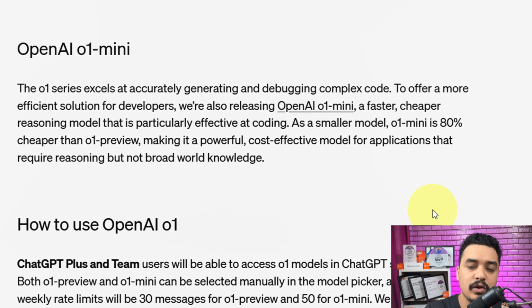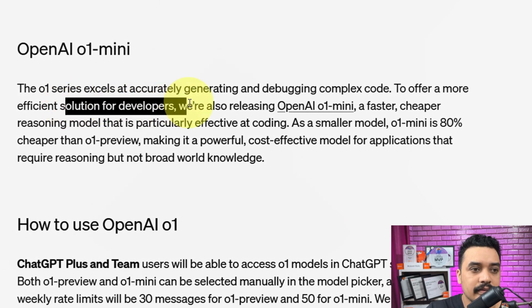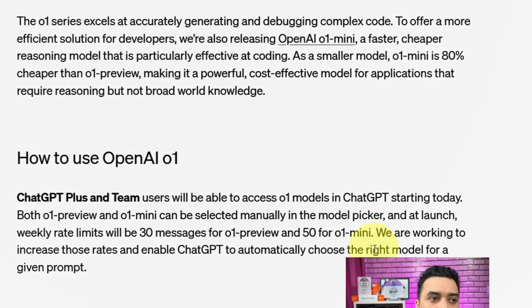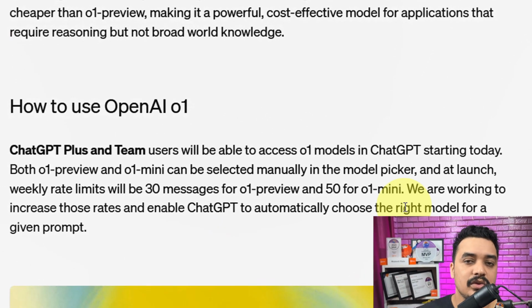This is a much smaller model compared to OpenAI O1, and it is 80% cheaper, and it is mostly made for developers, right? Because when you use it via API, we are charged for tokens. So the cheaper the model is, the easier it is for developers to create solutions around it, right? I'll post the link directly in the description so you can read more about it.